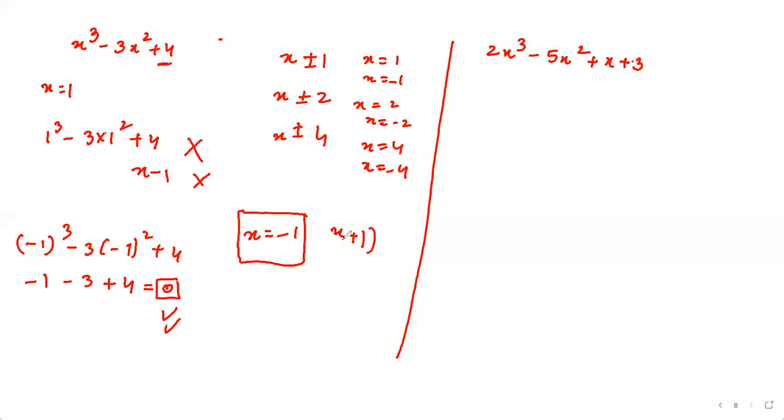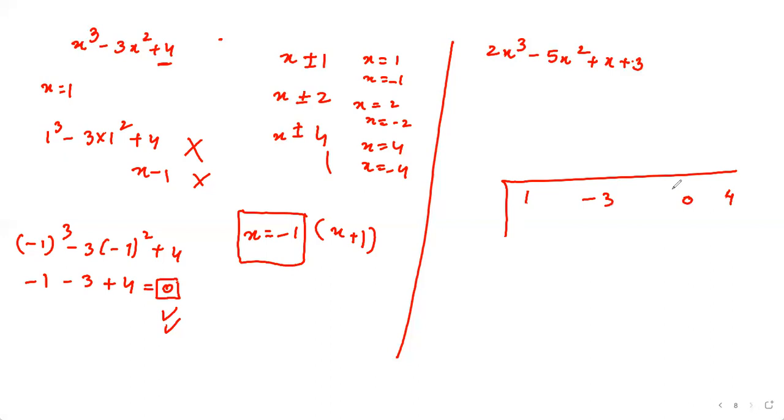Now after this, your smart work comes in the picture. I would not say go for another trial and error, though you can try with 2 and minus 2, and you can get the other factors also. What I can do is, since I have a cubic and already found one factor as x equals -1, do synthetic division and get the other quadratic factor, with coefficients 1, -3, 0, and 4.